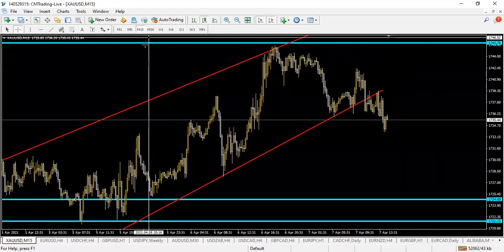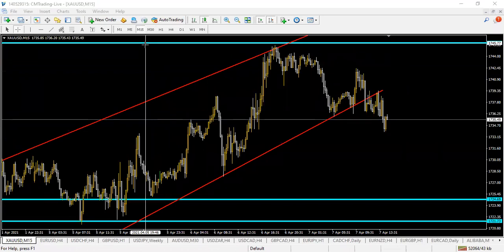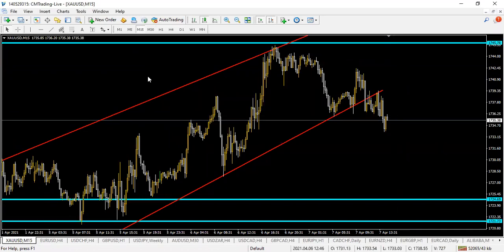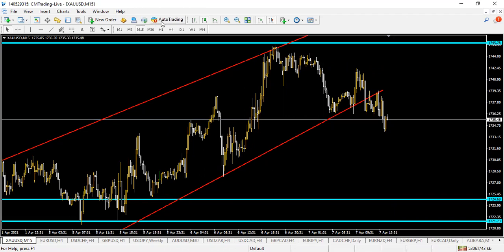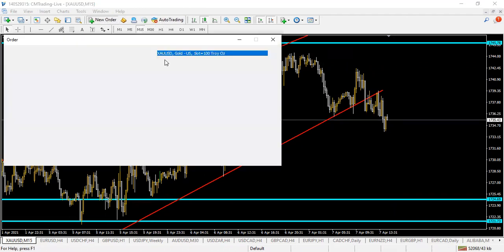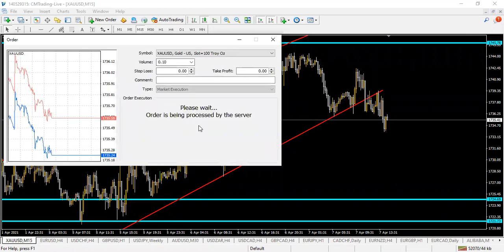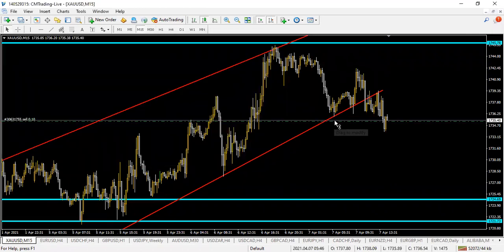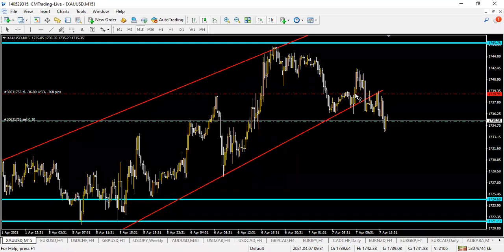If the market is still on this structure within range here, what I am looking at is to take another sell on XAUSD, and then my stop loss should be at these levels right here, which is 1738.91, and then my take profit will be down there at 1727.47 in this particular case. That is what I'm looking at in this particular market here.